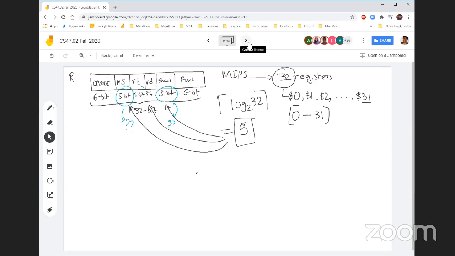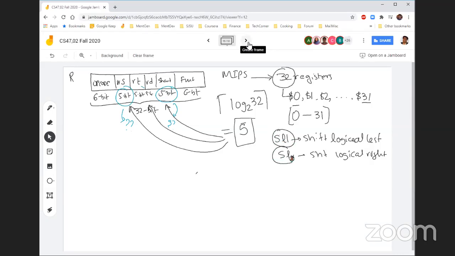All right. Now let's look at this shift amount. This is a very special field for the shift type of instructions. There are shift logical left, we'll review that later, shift logical right, SLR, etc. Now see what this function does.